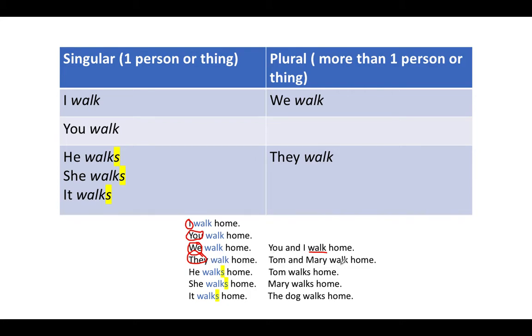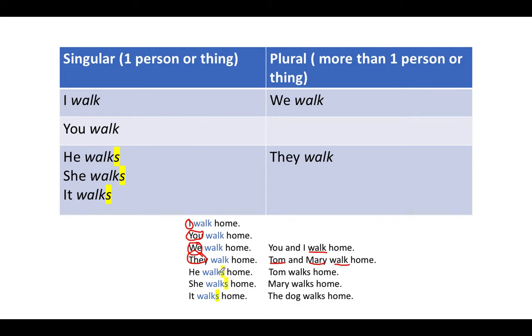Tom and Mary walk home. So even though we named people, so we named a he and a she, the reason it's just walk is because we said and. So it's putting these two together. So it's not just Tom or Mary, it's Tom and Mary.